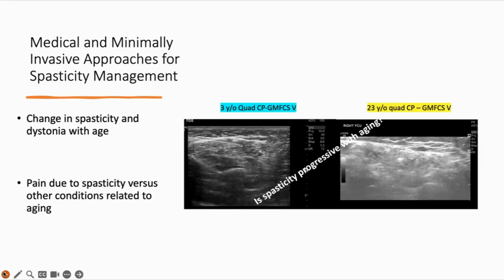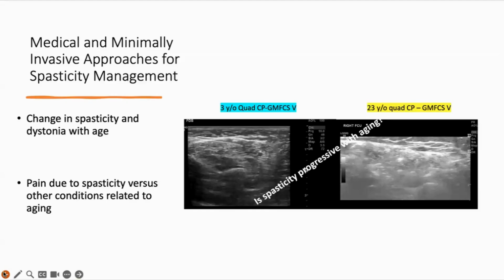And you will see that with aging, spastic muscles are atrophied and fibrotic, and it's difficult to see the fascia around each muscle. Part of that, of course, is aging, but also they don't have healthy muscles at baseline. In a 23-year-old, you do not expect to see muscles in a healthy person to be this much atrophied and fibrotic.